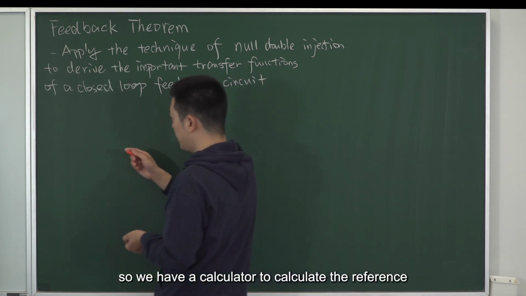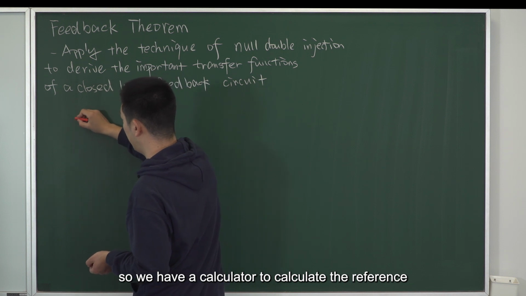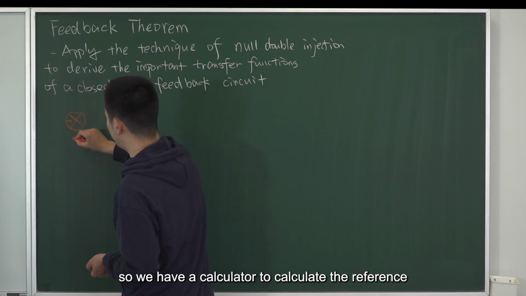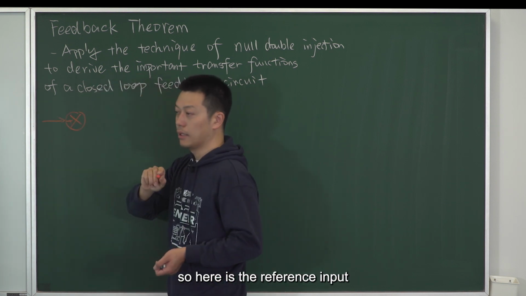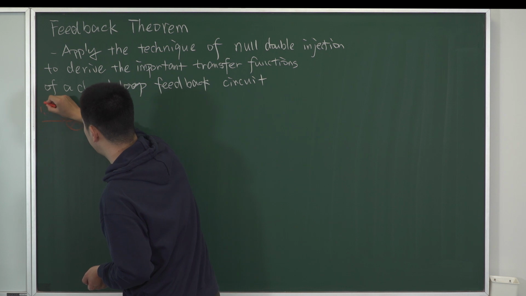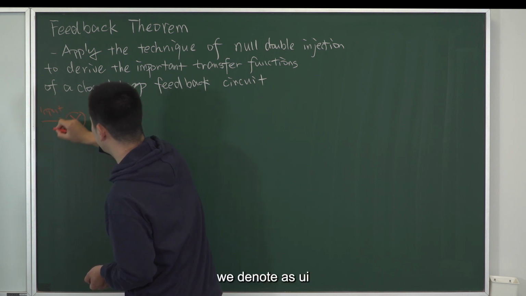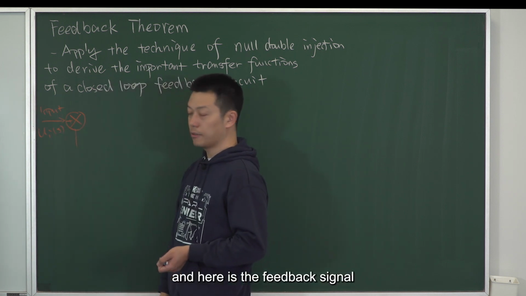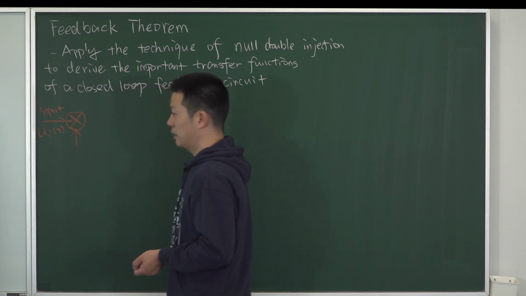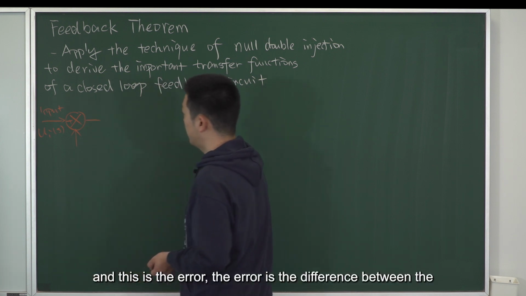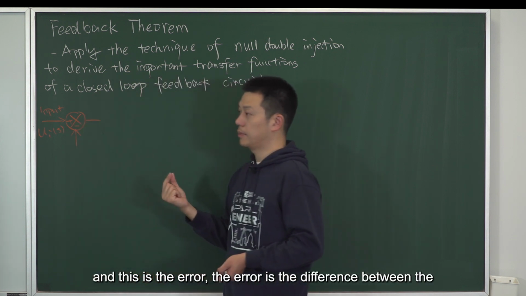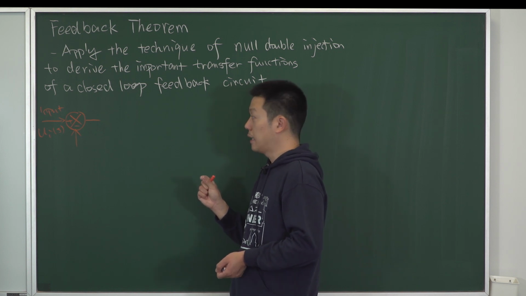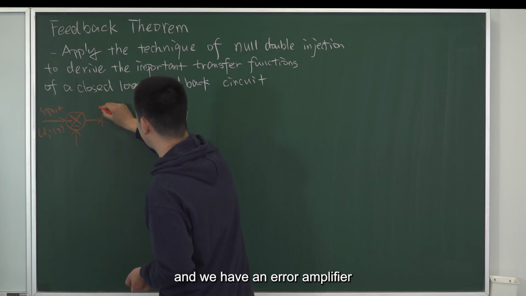We have a calculator to calculate the reference. Here is the reference input, which we denote as UI. Here is the feedback signal, and this is the error. The error is the difference between the input reference and the sensed output signal. And we have an error amplifier.